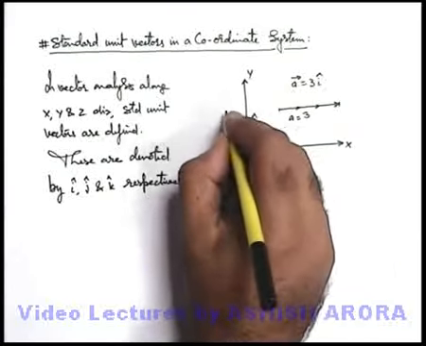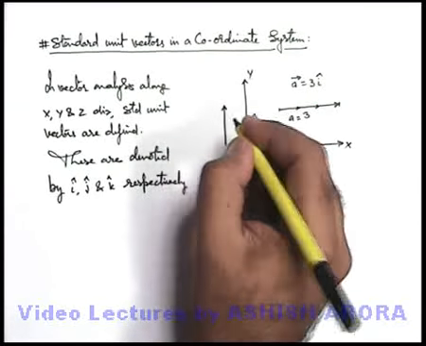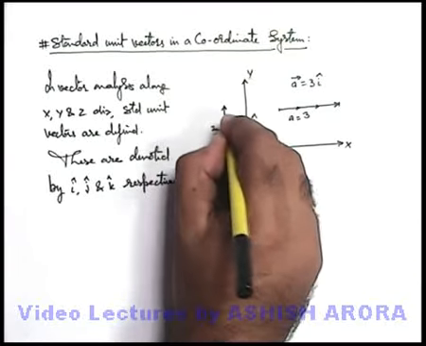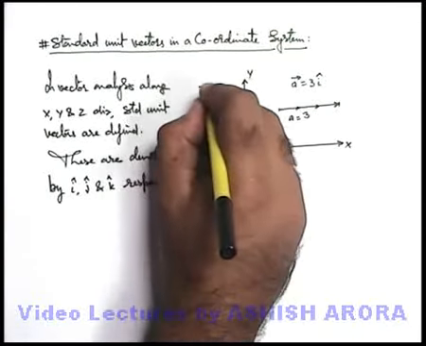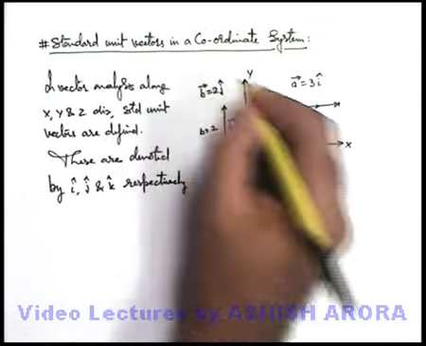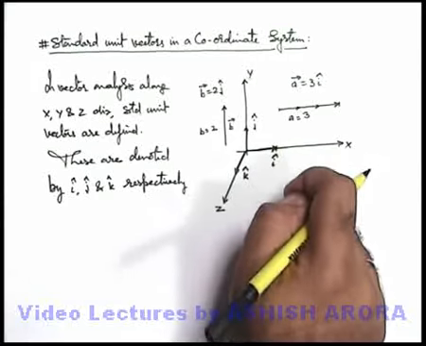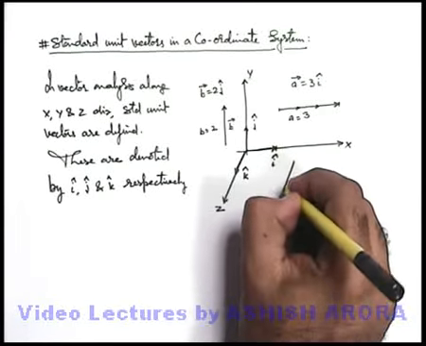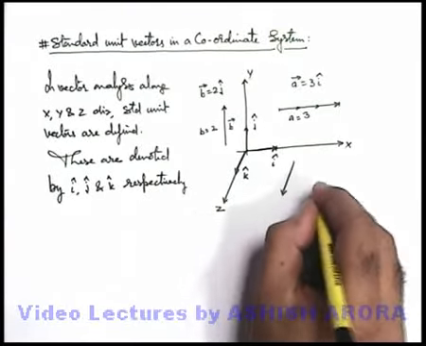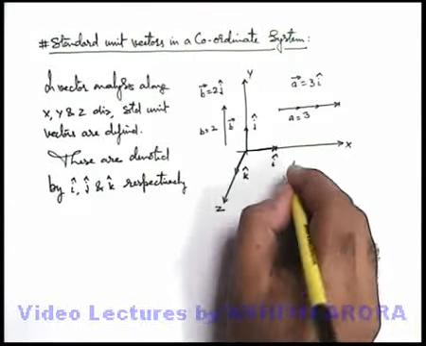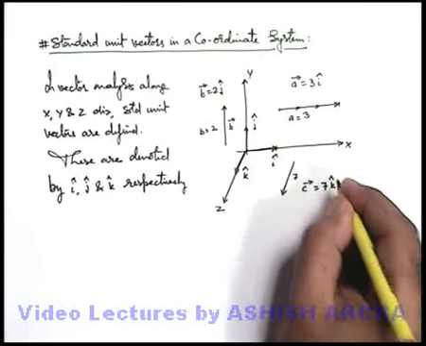Similarly, any vector parallel to the y-axis, say with magnitude 2, so this B vector where B equals 2, can be directly written as 2 j cap. The same thing holds in the z direction. If you have a vector outward to the plane of this paper, the C vector having magnitude 7 can be written as 7 k cap.